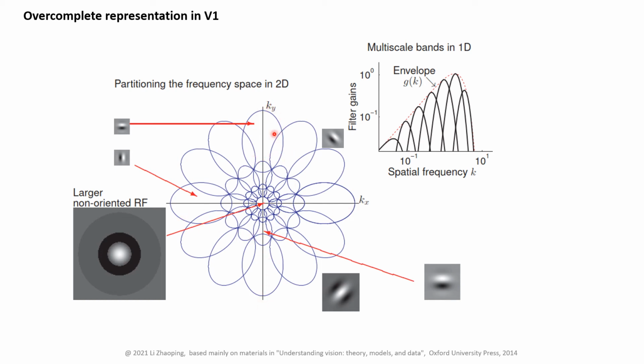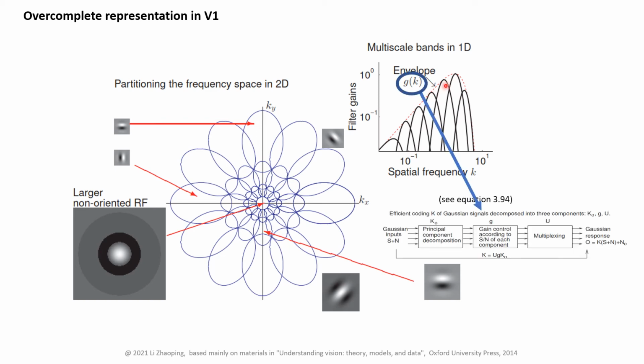So those bands tuned to higher frequencies also have higher bandwidth because the bandwidth scales with the average frequency in each band. This picture also on the vertical axis shows the gain of these filters. G(k) is a function of k. We recall that this G(k) comes from the second step in the efficient coding recipe. And it looks like we can inherit this G(k) gain curve from the retina to the primary visual cortex.